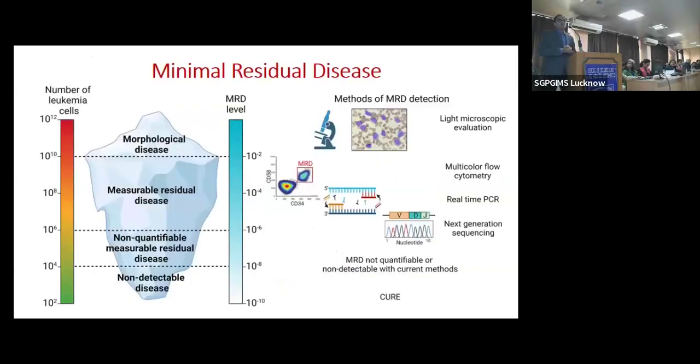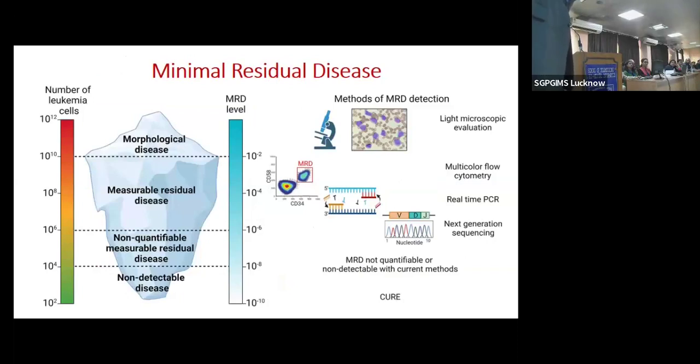So Professor Wood has very beautifully and elegantly explained all this. I won't be going into much detail. This is the normal iceberg plot, where this cartoon shows that the morphological disease usually manifests when the tumor burden is more than 10 cells, and between this range, you see the measurable disease, which the clinician doesn't see.